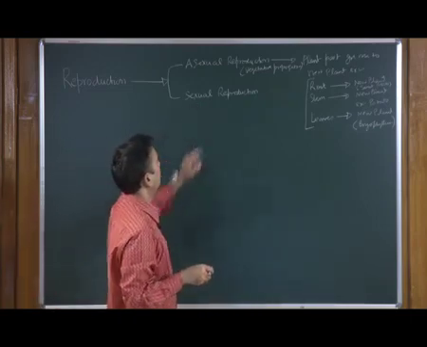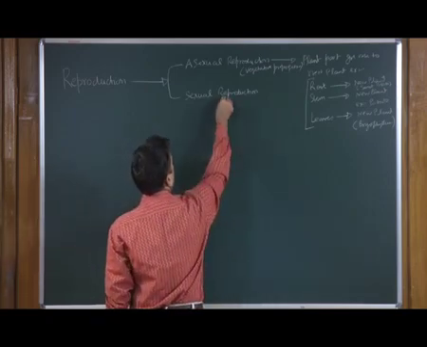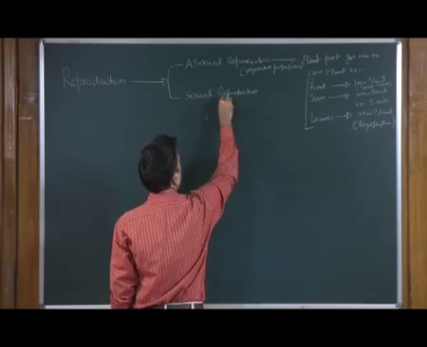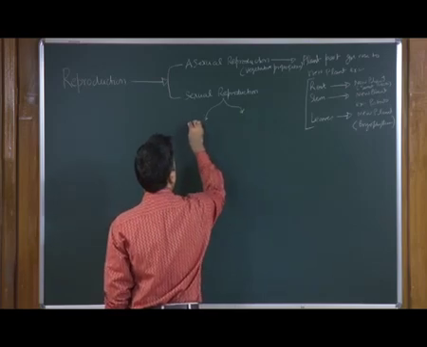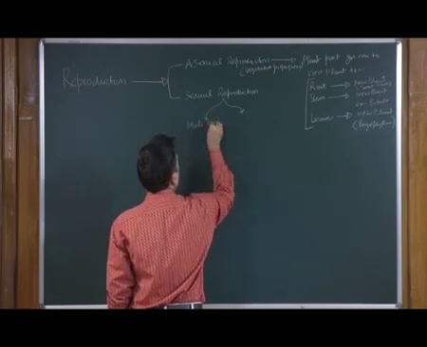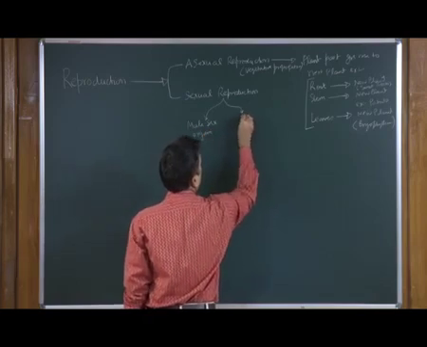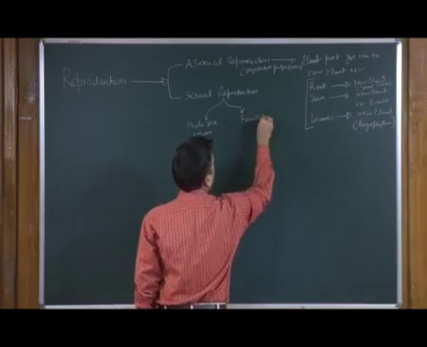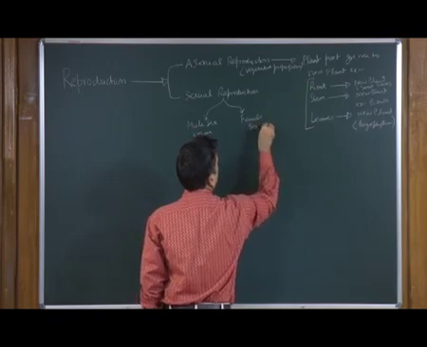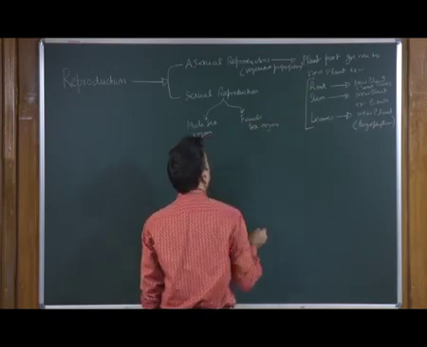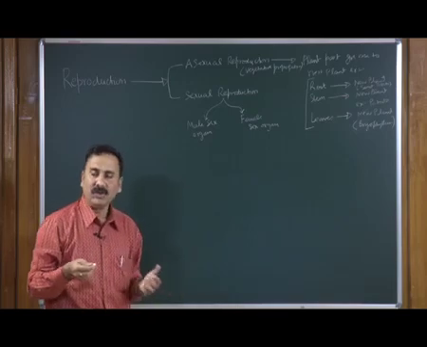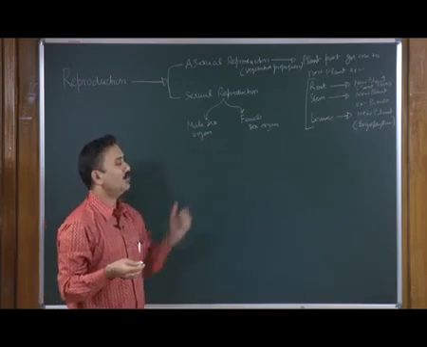Whereas, in the case of sexual reproduction, two different types of organs are required. One is called the male sex organ, and the second one is called the female sex organ. They could be present in one individual or in two individuals.